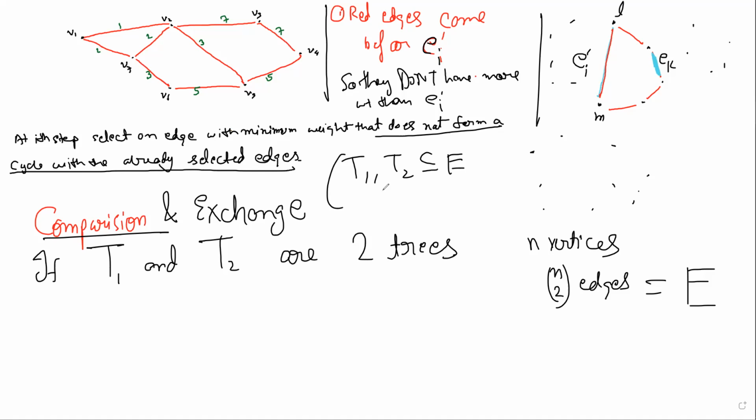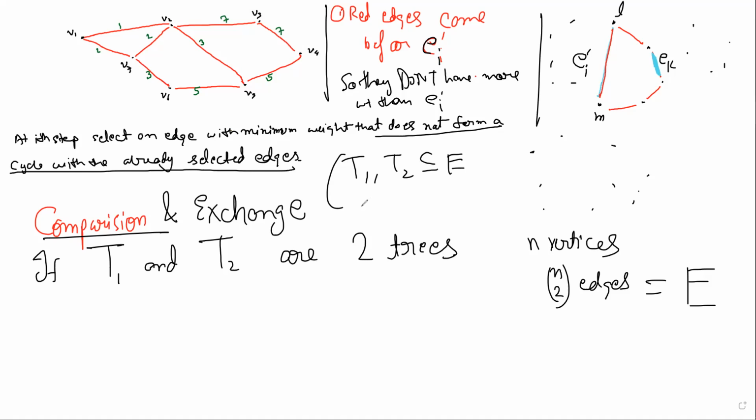And that just captures everything, right? Maximal subsets with no cycles. That's what trees are. So you can look at trees as subsets of E, a special collection of subsets which are maximal and don't form cycles.